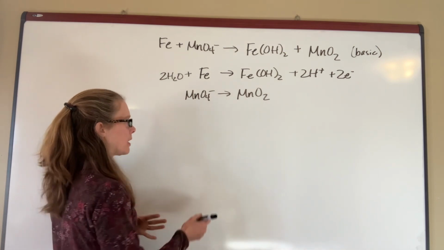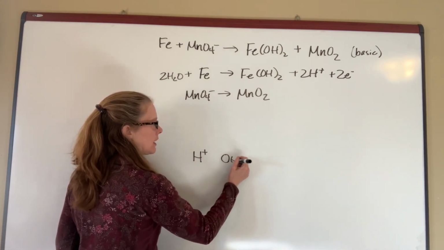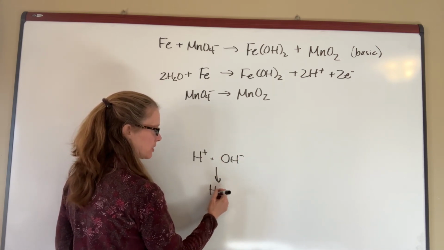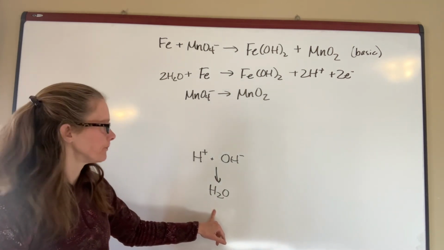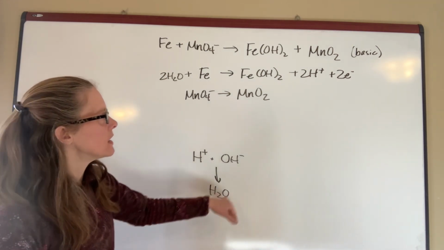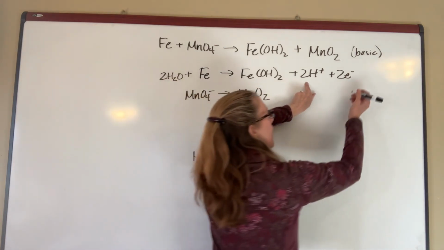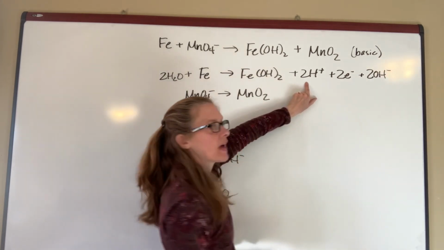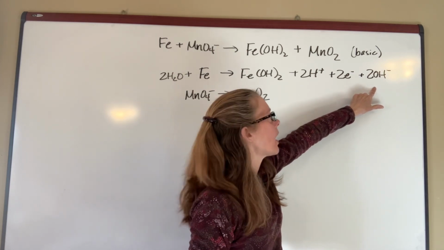Well, if you will remember, if I take a hydrogen ion and a hydroxide ion and I add them together, that gives me a water, right? And I have lots of waters floating around in solution. So what I'm going to do is, for however many hydrogen ions I've added, I'm going to add the same number of hydroxide ions to that side of the equation so that I can add them together eventually and make water.